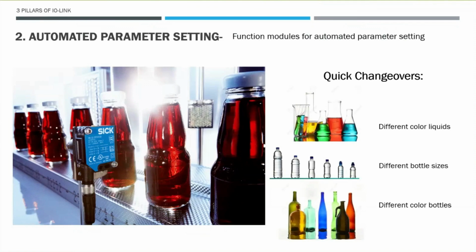Human errors are always possible. But with IO-Link, you can actually set up all these parameter settings in your master block or your PLCs itself, and all you have to do is run that program. And that can also be done with the HMI. I mean, you can just have the program, you can click that button, and changeovers are made so much easier.